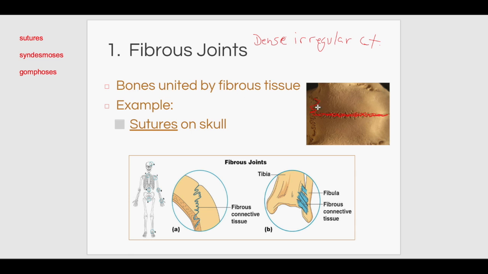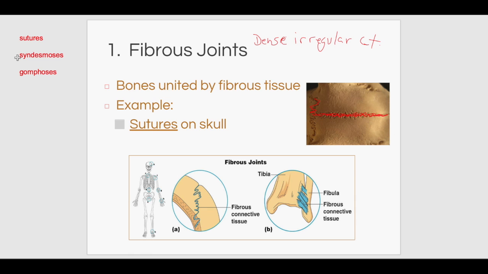So fun fact, when you are just a little baby, these connective tissue collagen fibers are much longer to allow quite a bit of flexibility while your brain is still growing. And then once you become an adult and your brain stops growing, the fibers will shorten and then eventually calcify to form a completely immovable joint.